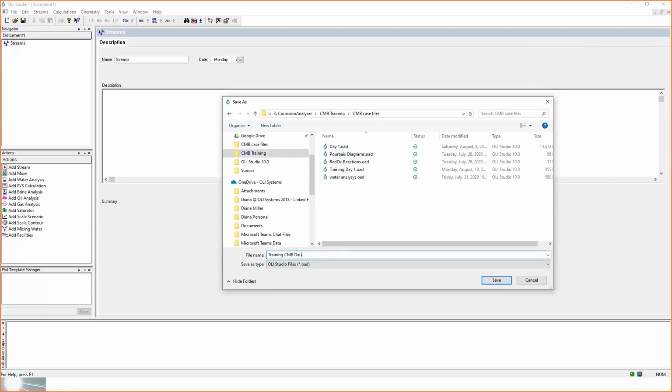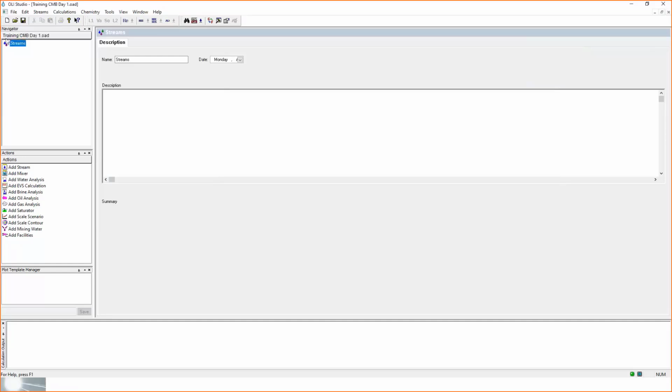CMB day 1. Okay, just click save. You see that now it no longer says document 1, it says training CMB day 1. Okay, so the first thing we're going to do is we're going to add a stream. So there are two options to do that.